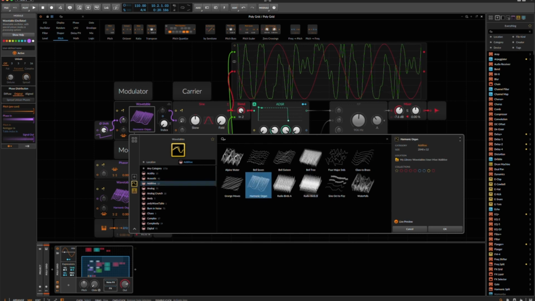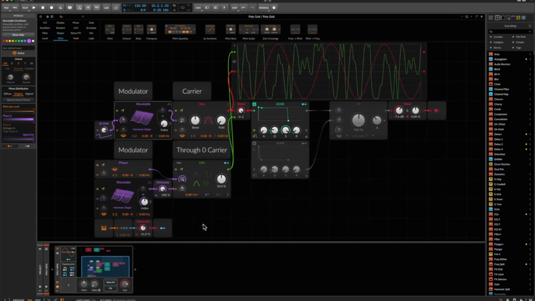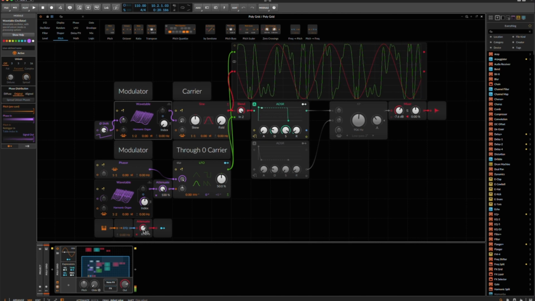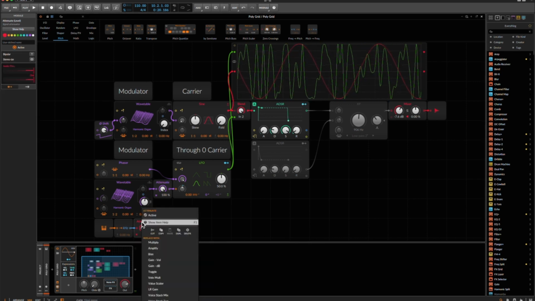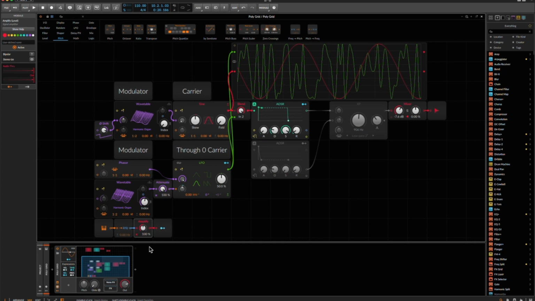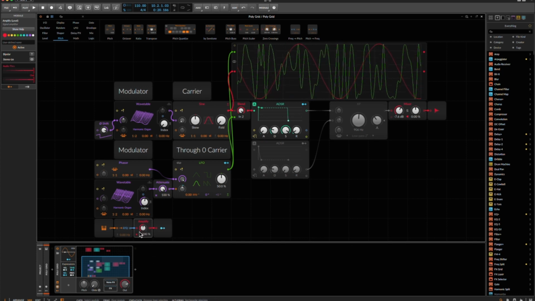Additive harmonic organ. Okay. So this gives a better or fair comparison between the two signals, I think. Maybe we need a bit more range, so we can exchange this to an amplifier.